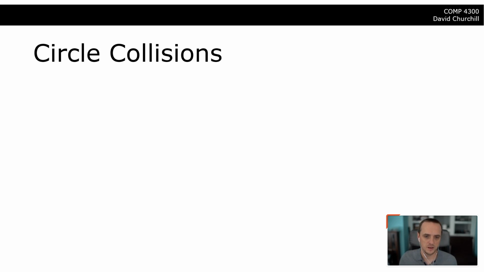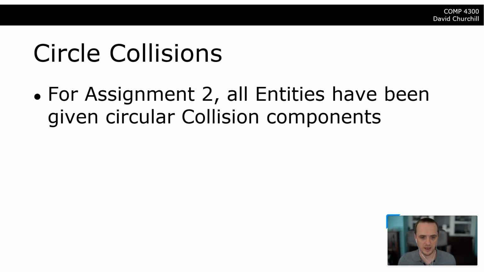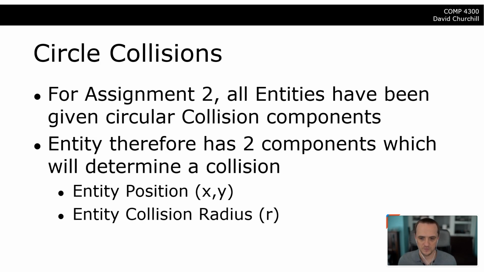So assignment 2 will be explained on Thursday's class, but something else that'll happen in assignment 2 is that every single entity in that game is given a circular collision component. So we've gone the physics route here and just assumed that everything is a perfect circle, right? And so the entity will have 2 components in it which determine a collision.